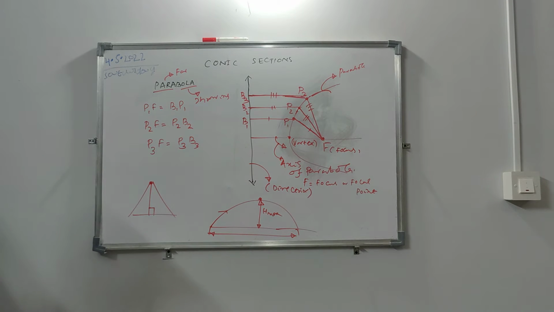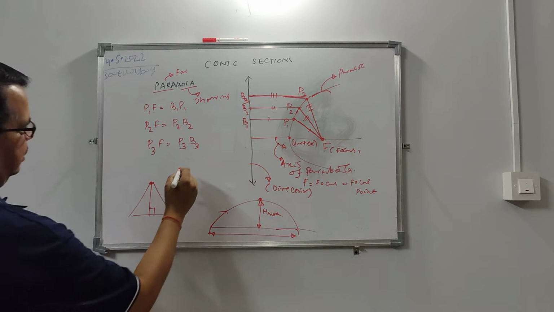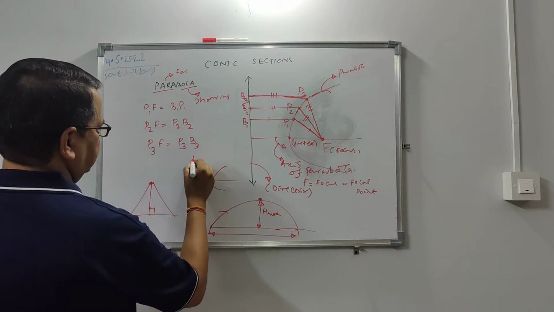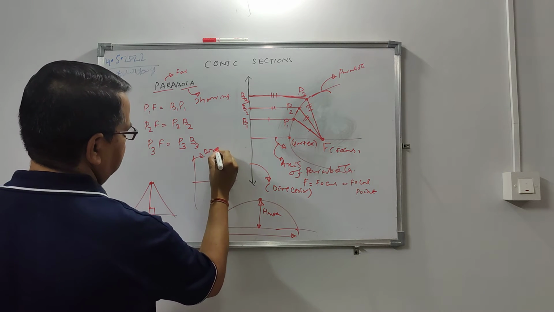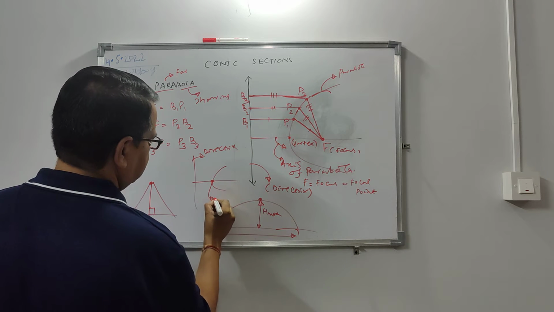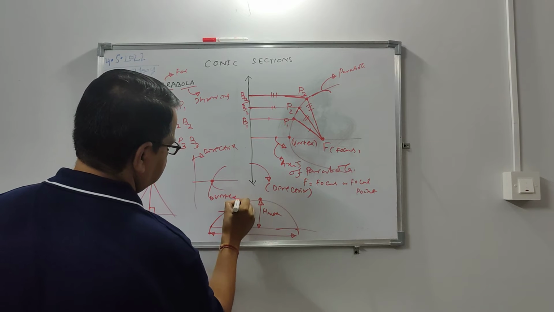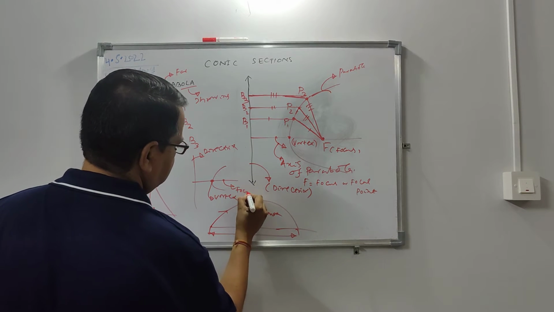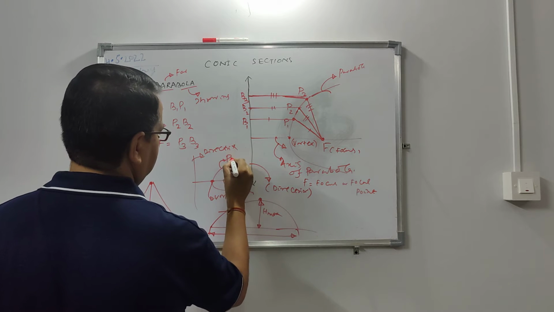So these four things you have to remember. Here in this book it is clearly given. If this is my axis, this is my parabola, this is my directrix, this is my vertex, this is my focus, and this is my parabola.